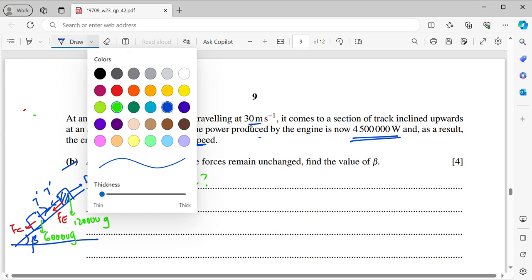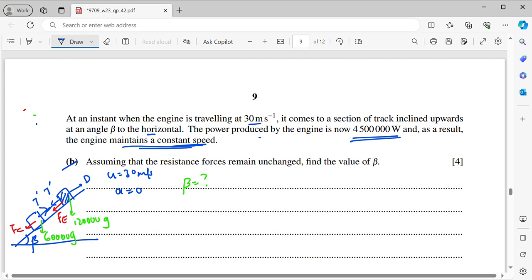So what to do here is, we need to calculate the beta. So first of all, we need to get the driving force because now you are given the power. So then power equals to driving force times V. So 4.5 million equals to D times 30.